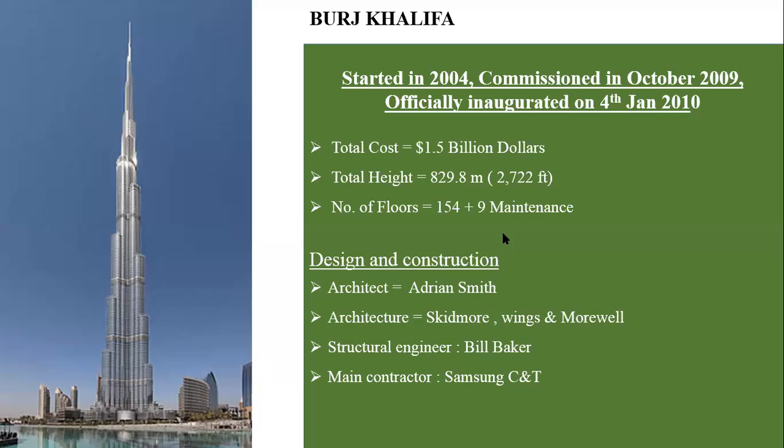They want quality and in-time work. Thus, $1.5 billion was the cost for building this Burj Khalifa. The total height of the Burj Khalifa is 829.8 meters, approximately 100 meters short of 1 kilometer. Is it or not? Yes, sir. In this, 154 floors are for general purpose and nine floors for the maintenance part.